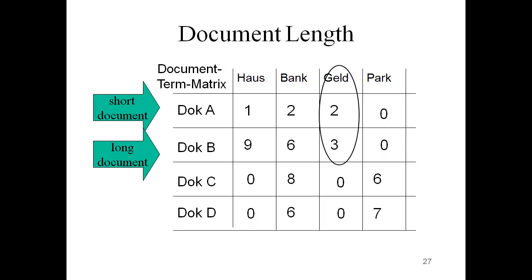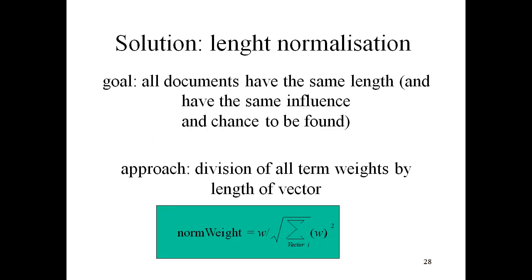But if we consider the number in percentage, Gerd is more important for document A. And here we have the normalized weight. All documents have the same length and the same influence and chance to be found. If I don't do length normalization, you will typically find more long documents than short documents.